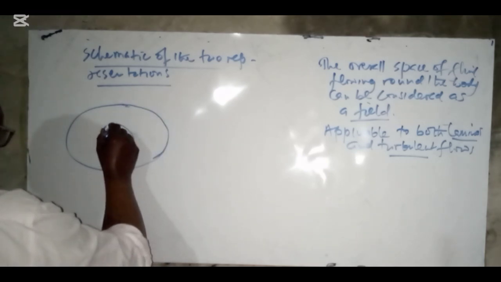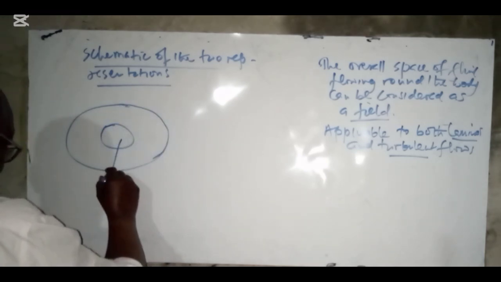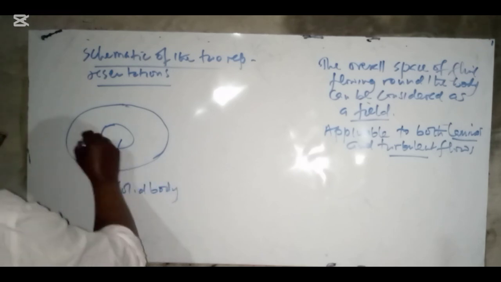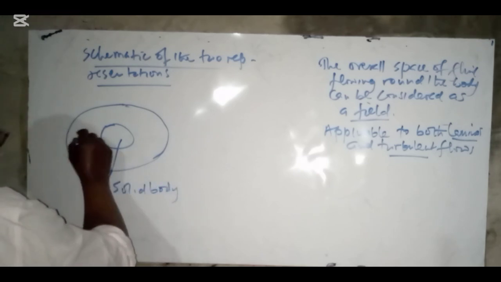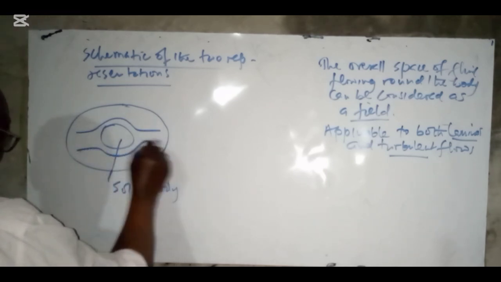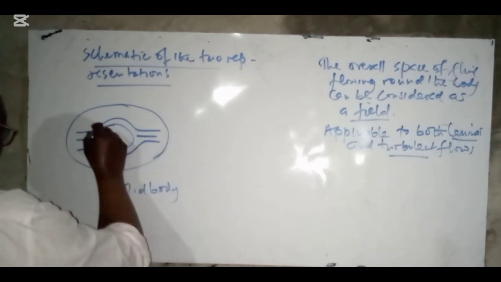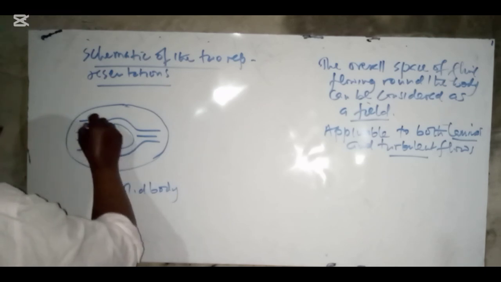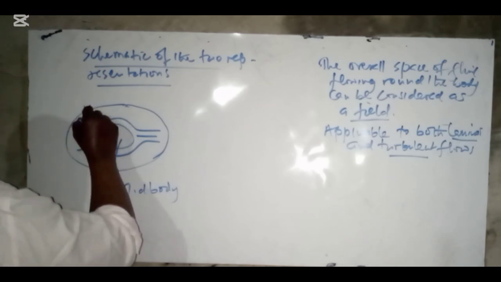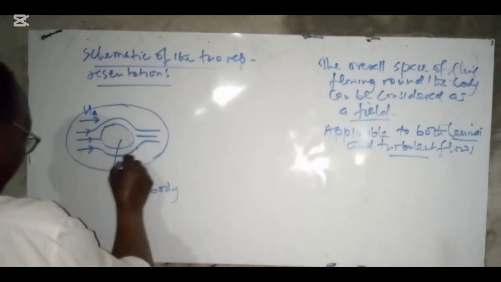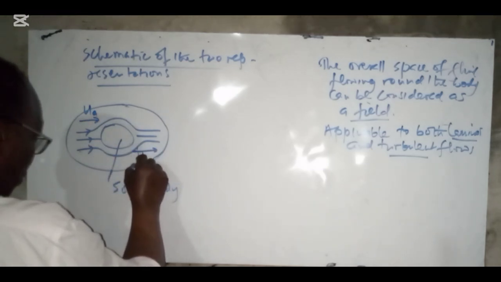There we have a solid body. Let's say the velocity here is ua, and the velocity here, ub.